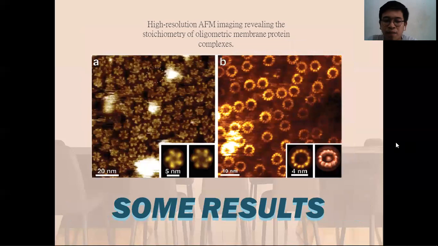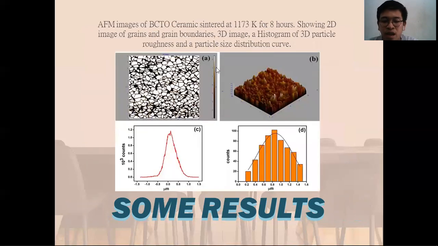For some sample applications of atomic force microscopy, here are some results of high-resolution AFM imaging revealing the stoichiometry of oligomeric membrane protein complexes. It can also be used for samples like ceramic materials, human cells, individual molecules of DNA, and dispersion of metallic nanoparticles.